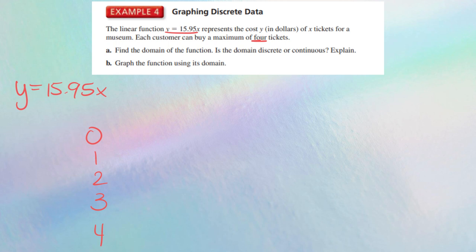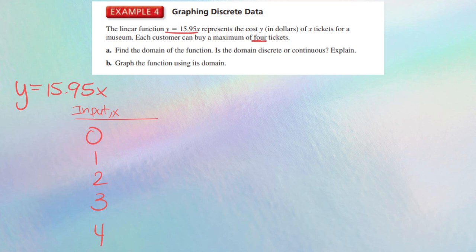So let's look at this. We're going to create a table with this, right? What are the 0 through 4 going to be? Is that our input or our output? Input. Good. That's going to be our input, which is our x.